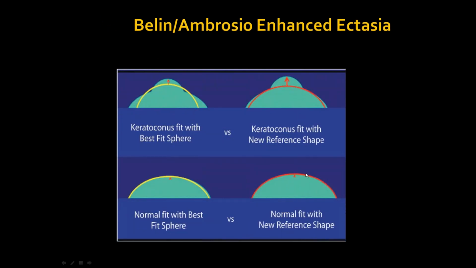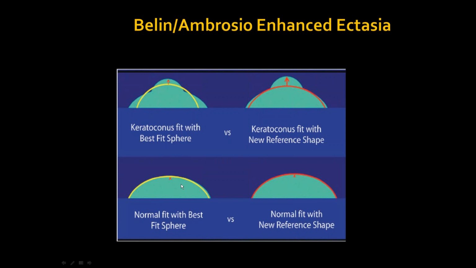So right up here, we can see that in a keratoconic eye, using all of the elevation data to create a best fit sphere, it's quite steep and anteriorly displaced, as you can see. But if we eliminate the 3 millimeters around the thin point of that cornea, that whole reference sphere actually goes down, and the space difference over the apex becomes greater and more obvious, which I'll show you in a moment.